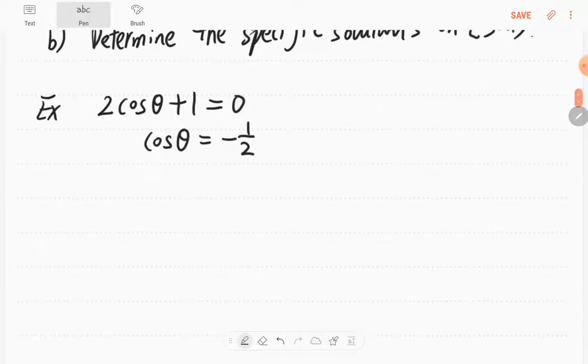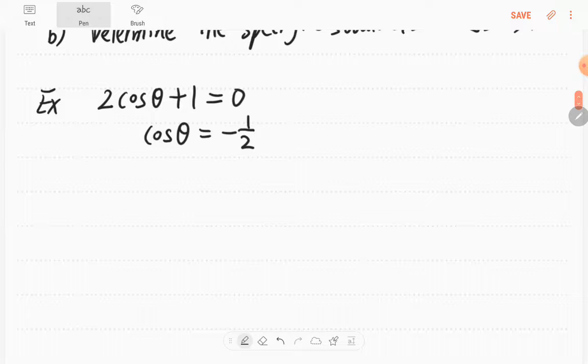So the first thing we needed to do is look at the reference angle for this theta. The reference angle is an acute angle, so cosine is always positive, right? So the reference angle's cosine value should be equal to 1/2. So what should the reference angle be? It should be pi over 3, right?